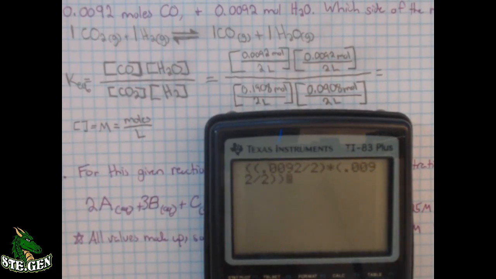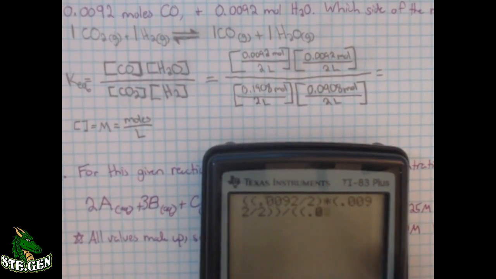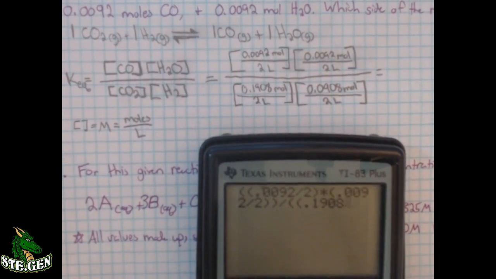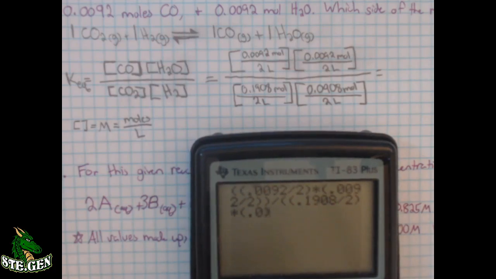So that's my entire top portion. Then divide by, I'm going to need 2 parentheses again, 0.1908 divided by 2. And then times, again, you don't need that times there, but 0.0908 divided by 2, close. I guess you don't actually need those either.